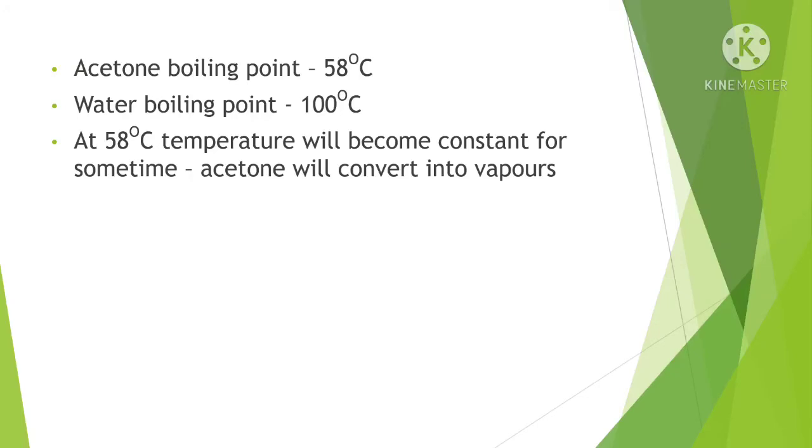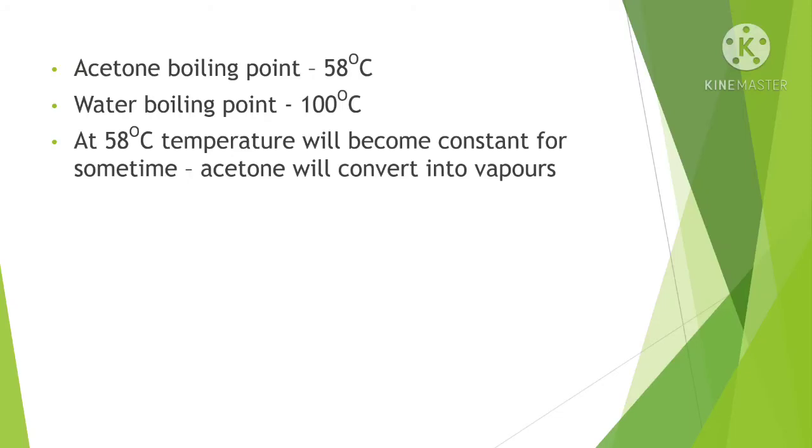When the acetone starts converting into vapors, the increase in temperature will stop for some time, because the heat we are giving to the mixture will be absorbed by the acetone in the form of latent heat, and it will convert into vapors. So the acetone will convert into vapors and start rising up in the distillation flask.